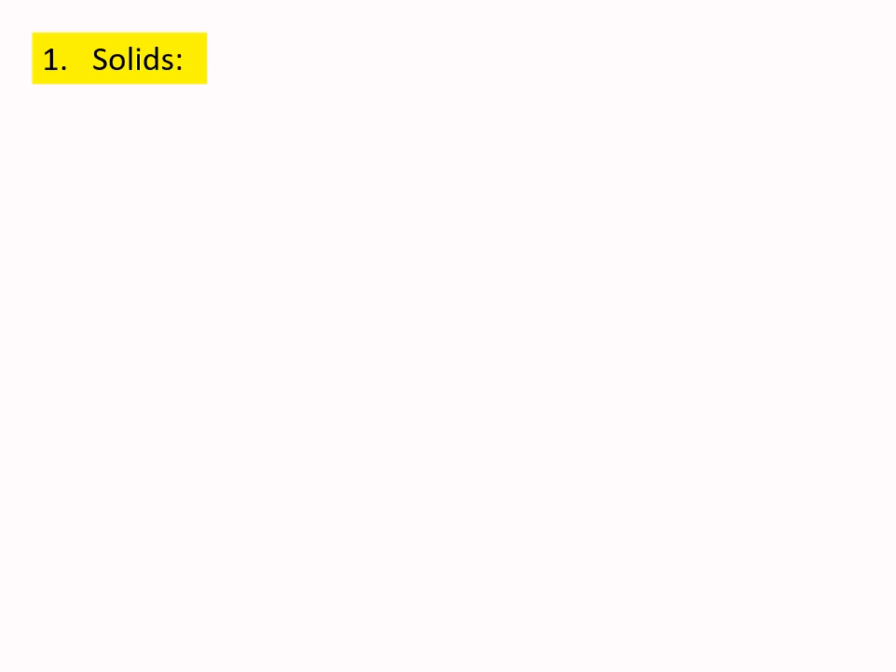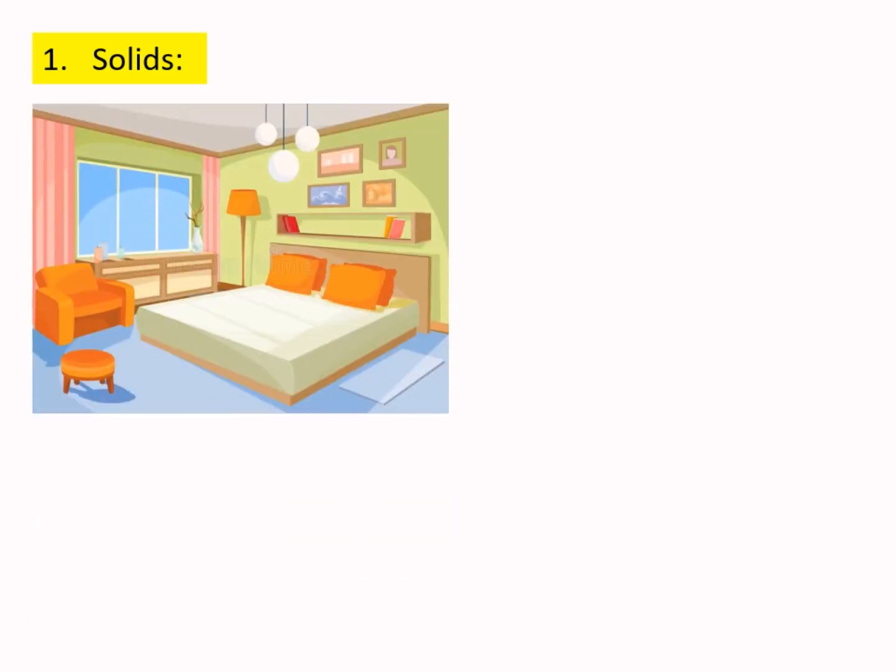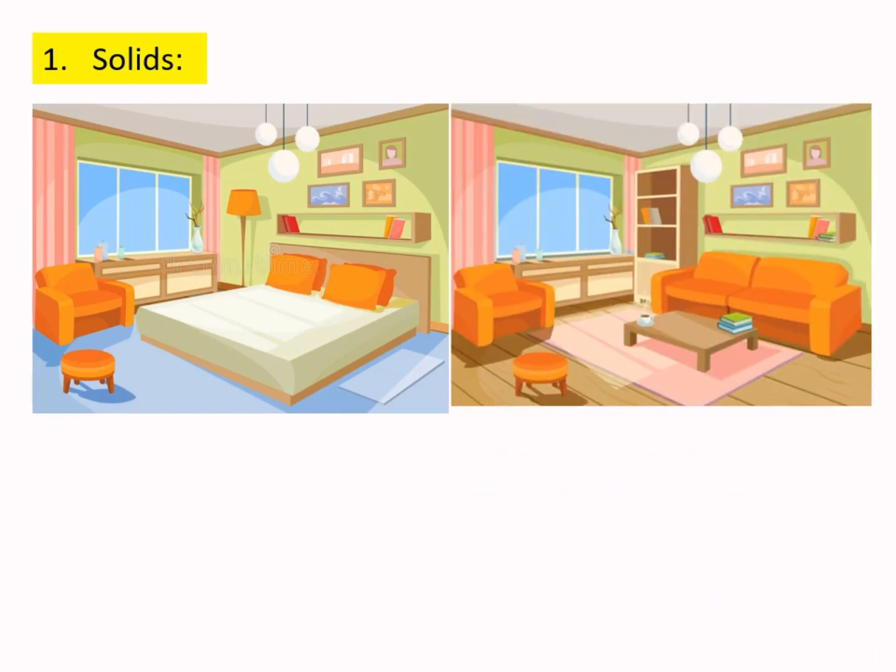Firstly, we will be talking about solids. Let's imagine that I have a chair in my bedroom and I wanted to move it to another room. Let's take a look at the chair. Did the shape of the chair change? Did the color change? Did anything about the chair change? Well, obviously the shape doesn't change.